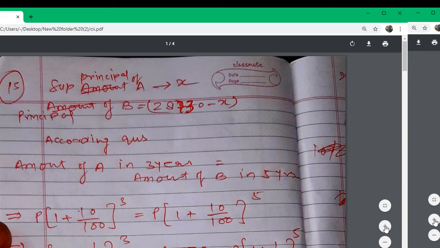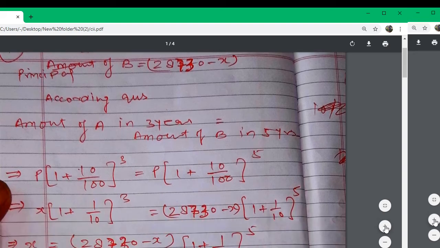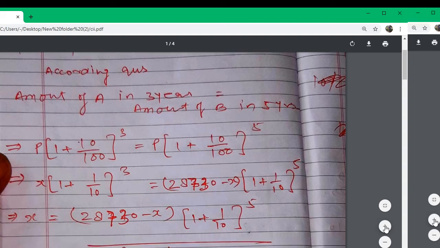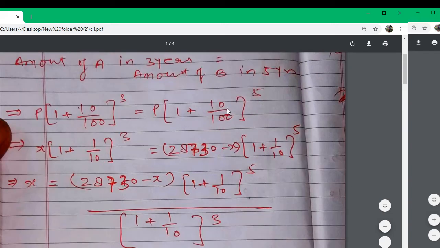According to the question, the amount of A in 3 years is equal to the amount of B in 5 years, compounded yearly at the rate of 10% per annum. So I have written that amount of A in 3 years is equal to amount of B in 5 years. Then I have used the formula for amount.